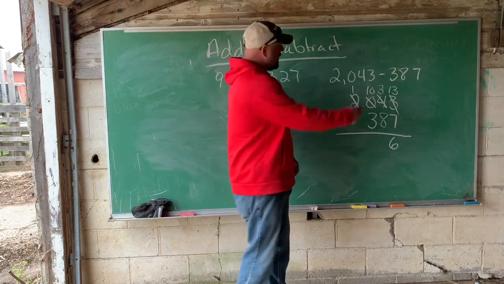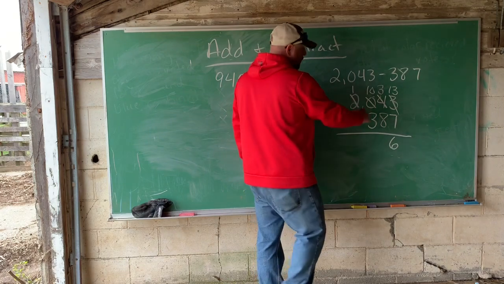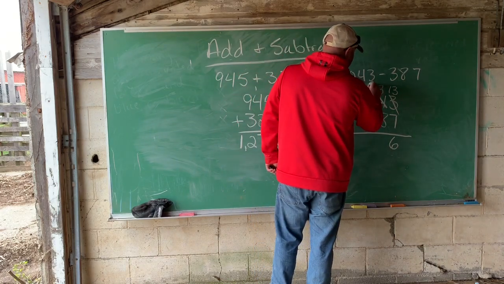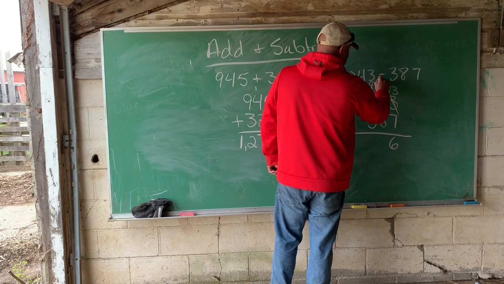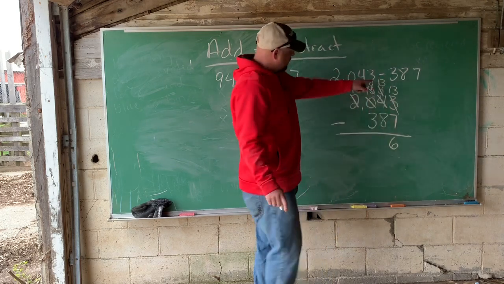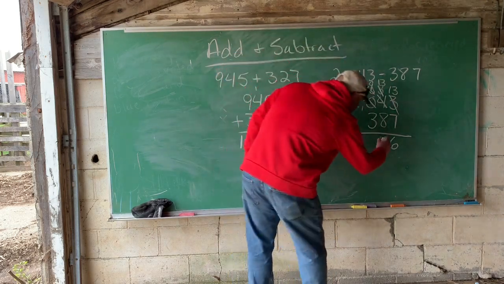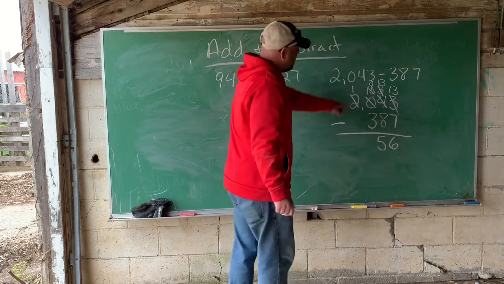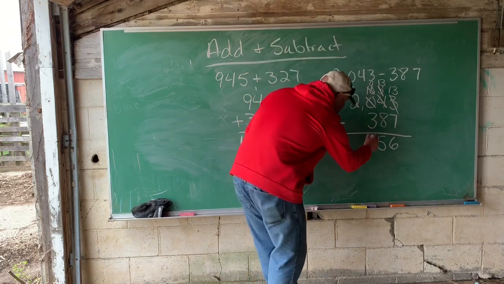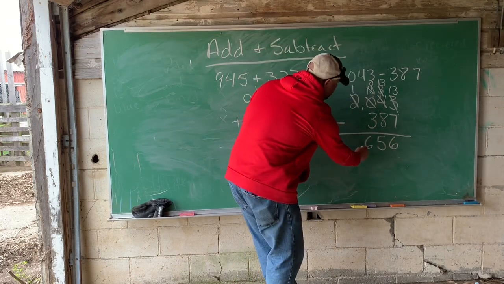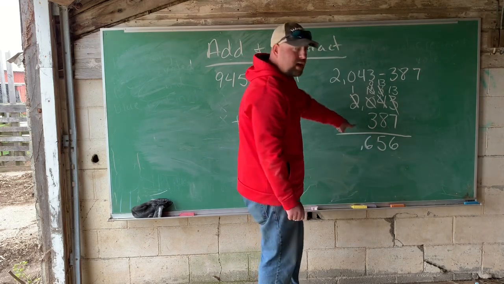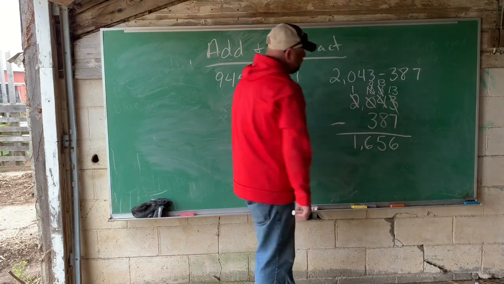No, I can't. But now I have a 10 here instead of a 0. So I can borrow from my 10 and add 10 to my 3. 13 minus 8 is 5. 9 minus 3 is 6. Place my comma. 1 minus nothing is 1.